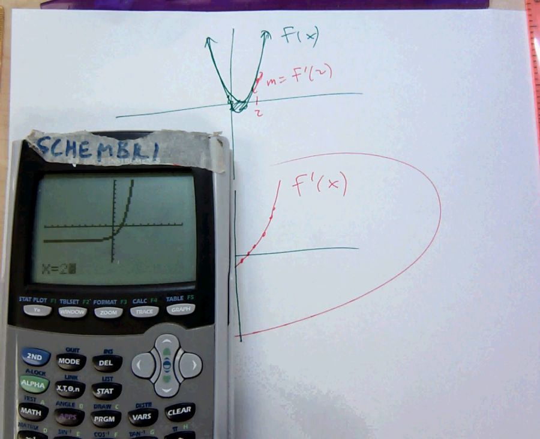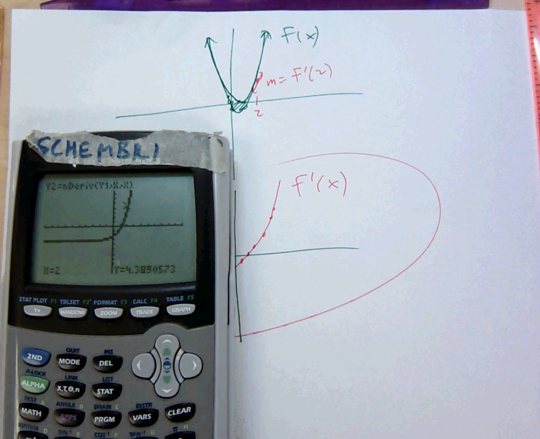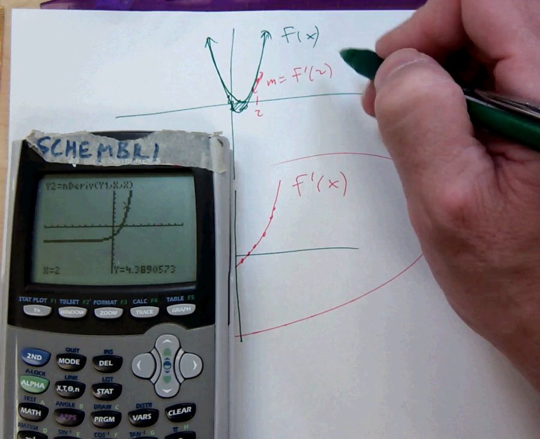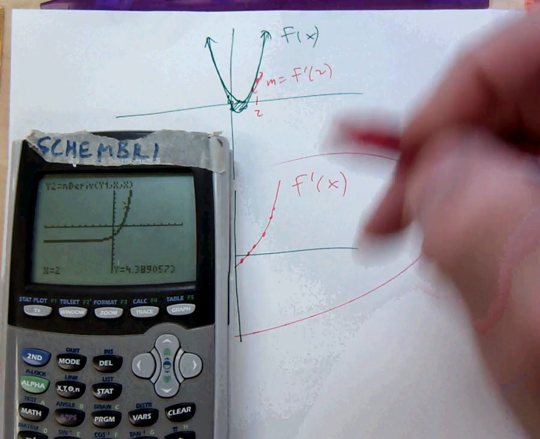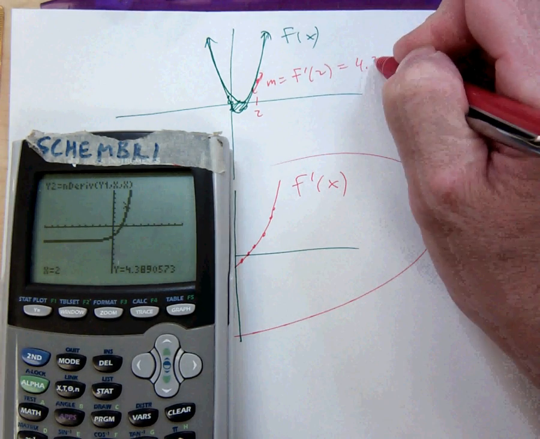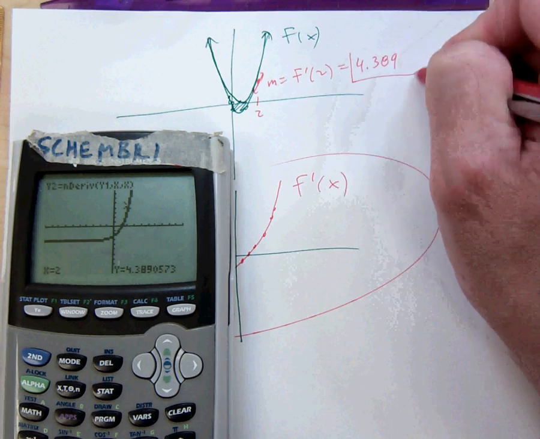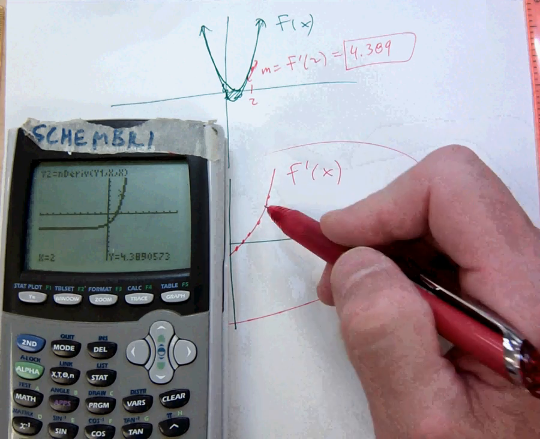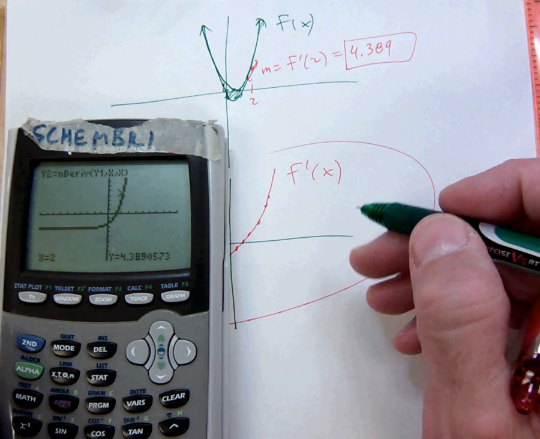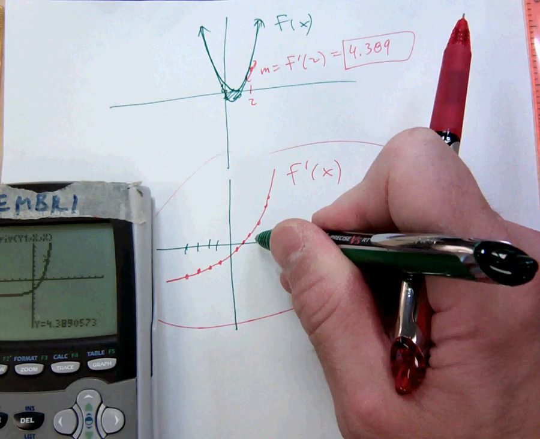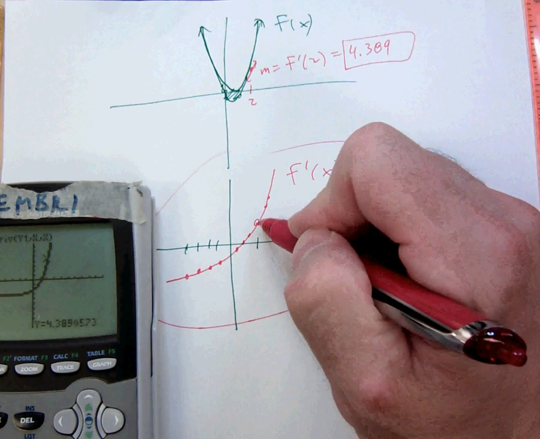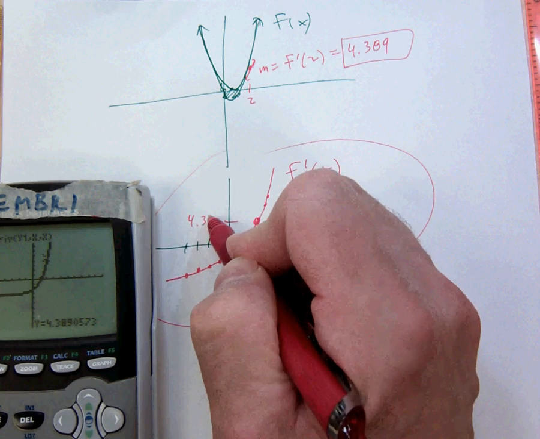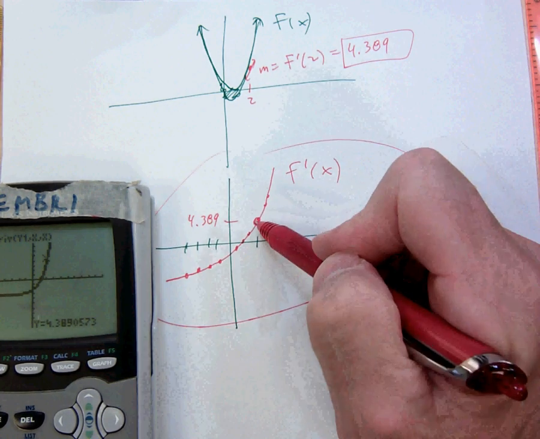If I hit 2 and hit enter, the y value here, which is 4.389, that's the value of the slope. So that, for example, is the slope of that tangent line, because that's the y value there. The y value here gives you the slope up here on f.